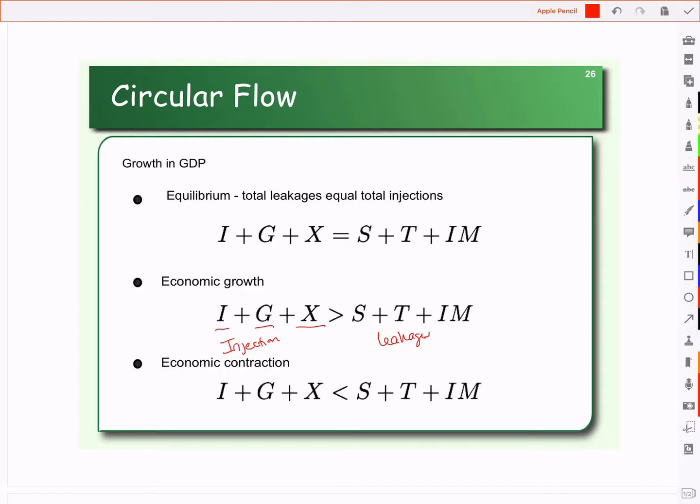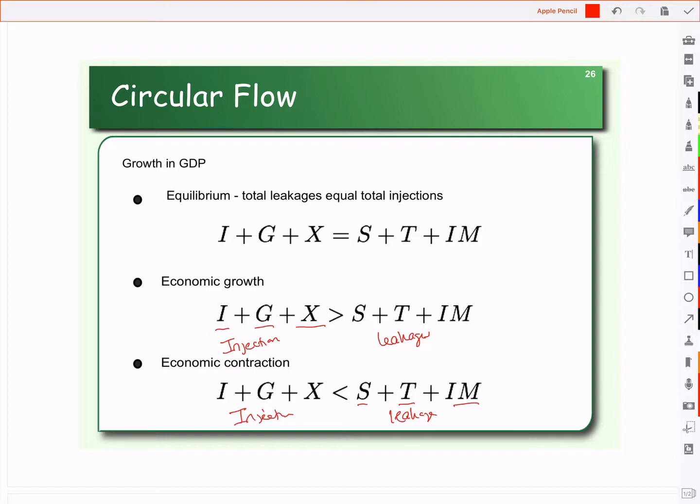If instead we are not spending our money because we're saving it, or we're paying it to the government in taxes, or it's leaving the country entirely in terms of imports, and this leakage is more than the money being injected into our economy by business spending, government spending, and spending by other countries, so exports, if our leakages are more than our injections, then the size of our economy is shrinking. For a visualization of this, please see the next video.